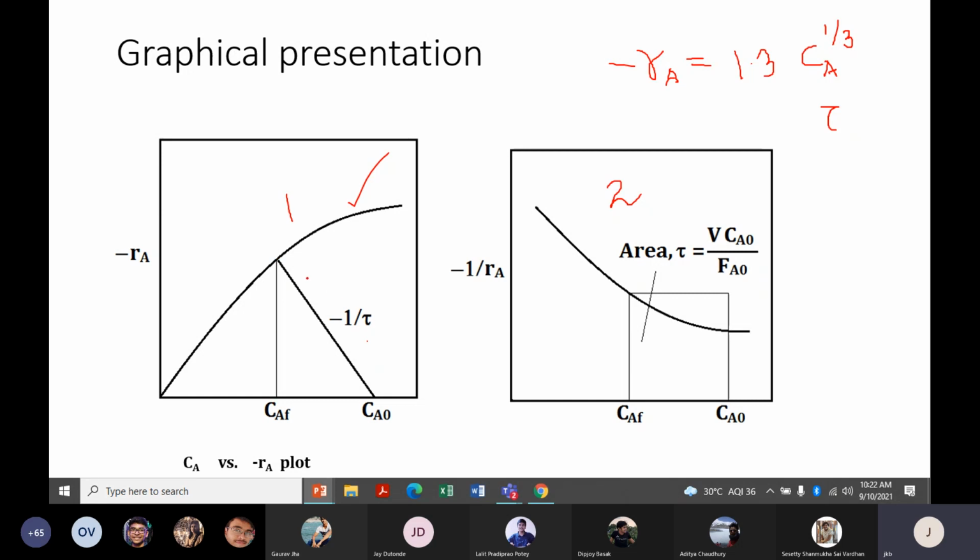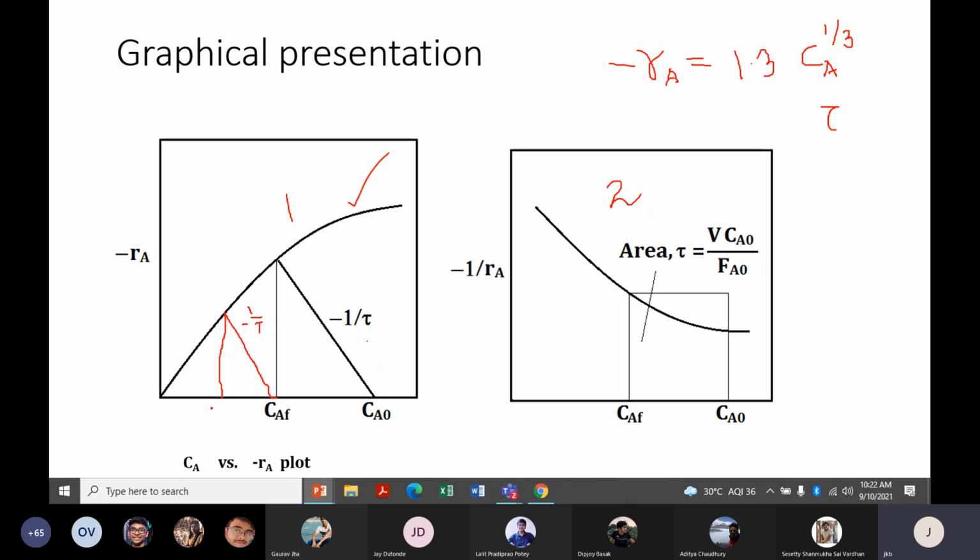Say this is the first reactor, reactor 1, and the incompletely converted stream, CA1, is added to a second reactor with the same size and same volumetric flow rate, that is, two reactors connected in series. Then we can draw the same straight line, meaning the same slope, minus 1 by tau, and find the second reactor outlet concentration.